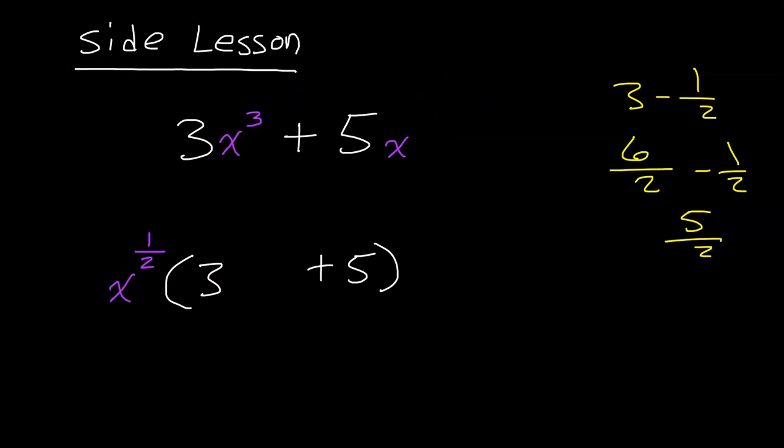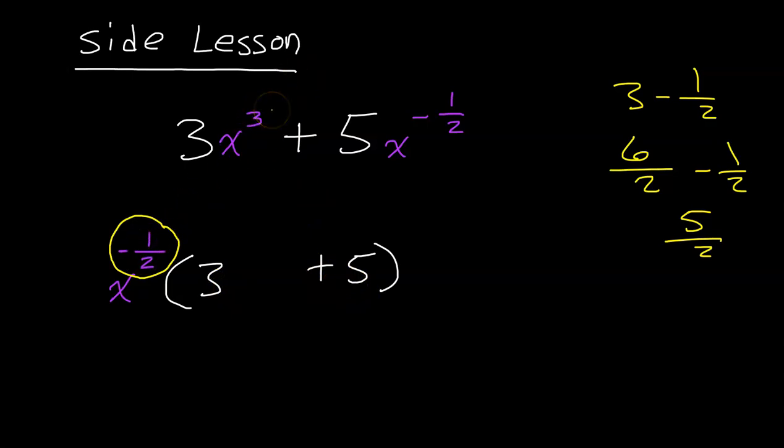What if instead of the 1/2 power, this was a negative 1/2 power? So this is still the lowest exponent, so we're still going to take this out front. Using our shortcut again, if I take this negative 1/2 power, to figure out what goes inside the parentheses, I can just subtract negative 1/2.